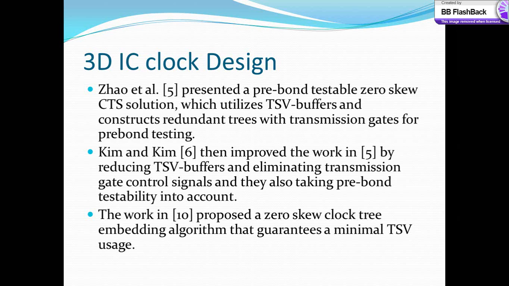Another paper utilizes buffers, and also takes temperature into account when it does the clock design or places clock TSVs. Kim improved on the previous work by reducing the number of buffers, and he also does not have any kind of control signal, so that was a much simpler algorithm which distributes the clock in a very smart way.